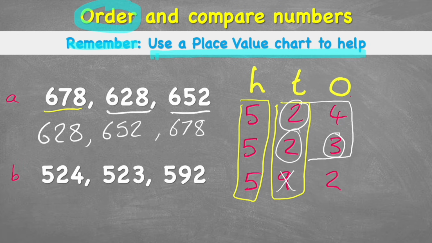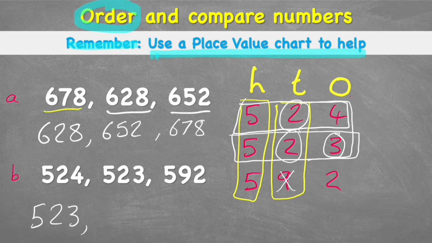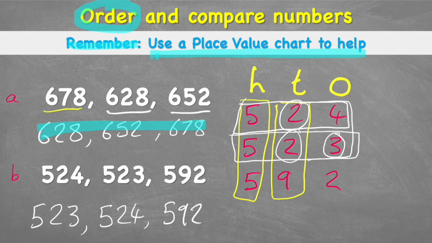So therefore my smallest number is 523. My second smallest would therefore be 524. And the only number that had a 9 in the tens column is our 592. So both of these sets of numbers are in ascending order, going from smallest to largest, and they've been reordered.